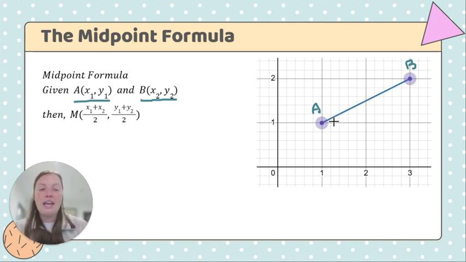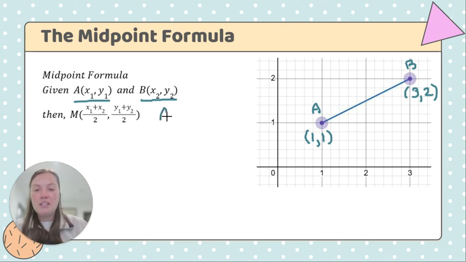Here for A and B, I have my point A located at x is 1 and y is 1, (1, 1). And I have my B located at x is 3 and y is 2. These are my points, point A and point B.